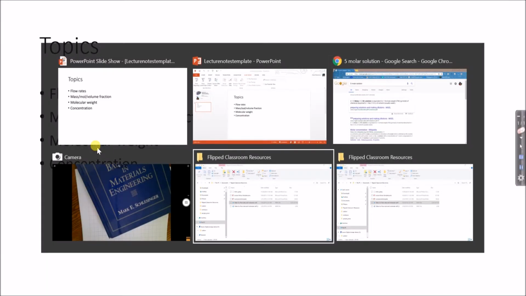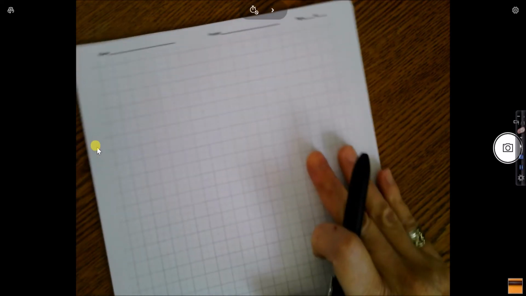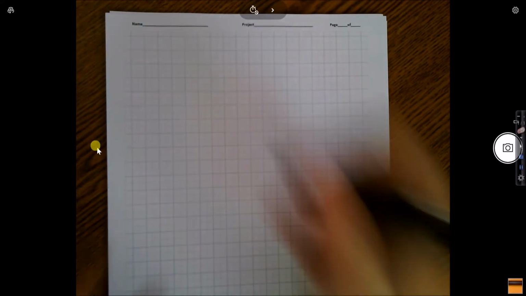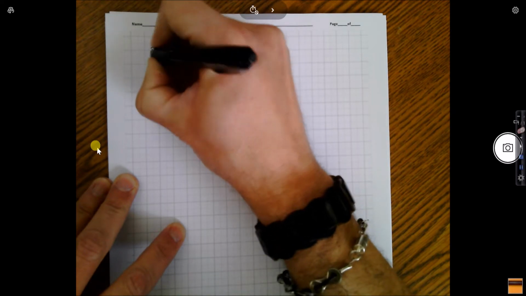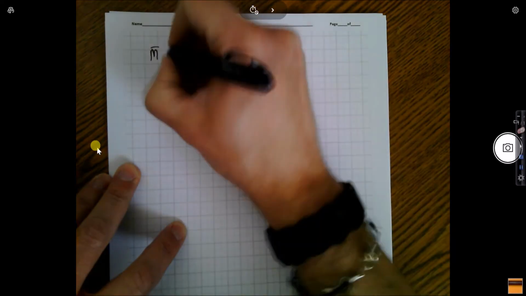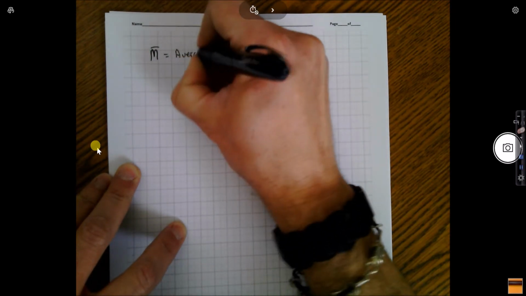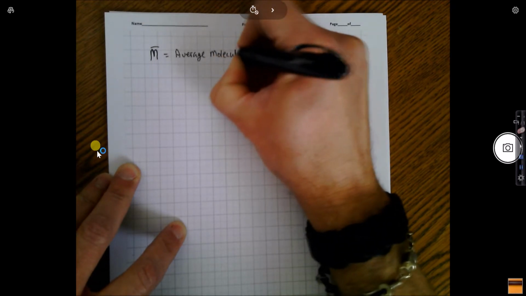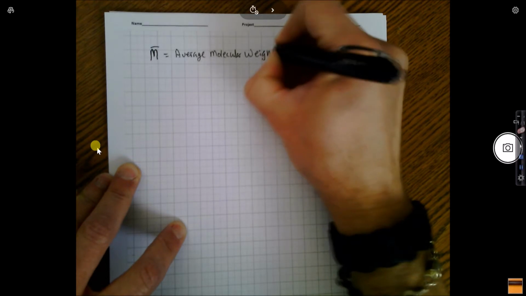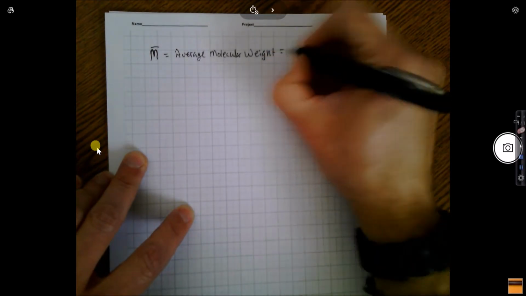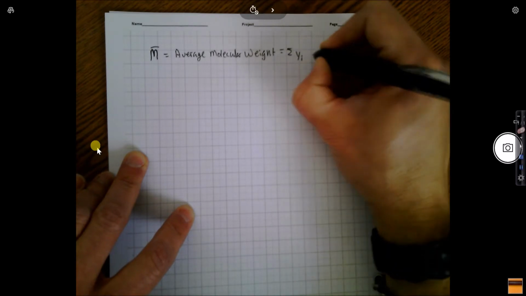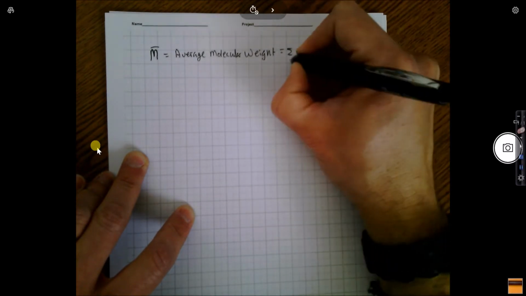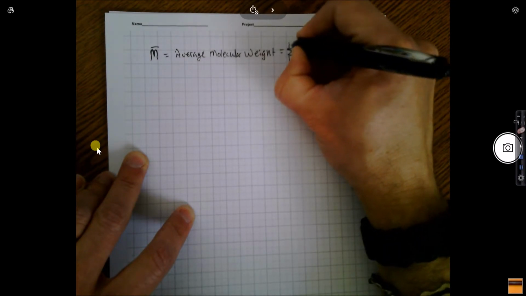And so let me get back to this. Average molecular weight is denoted by the symbol M with a bar over it, and it should be a capital M. I didn't draw it too well, but M bar is average molecular weight, and that is the summation of the mole fraction of what you have, and it should probably be i equals 1 to N or something like that.